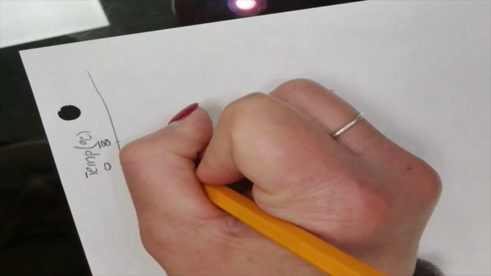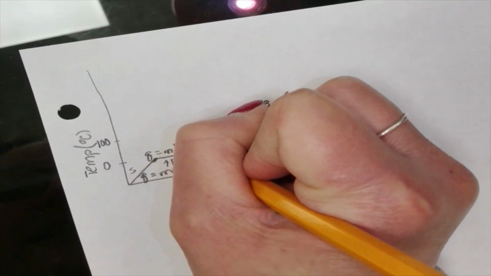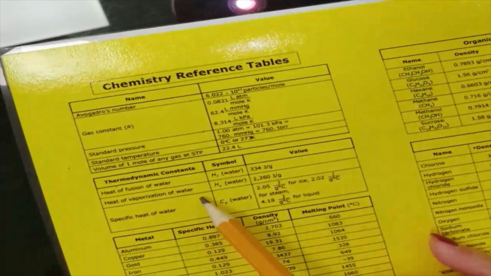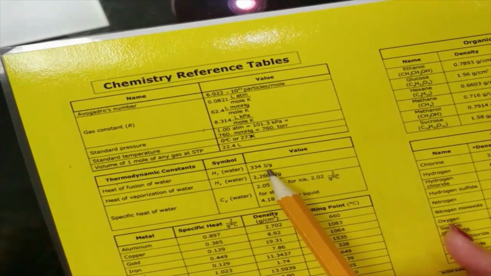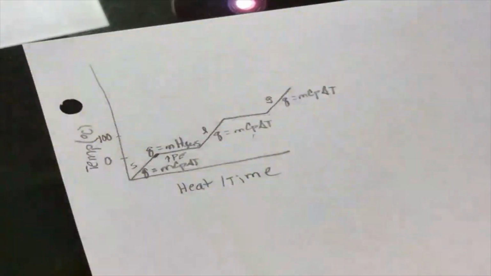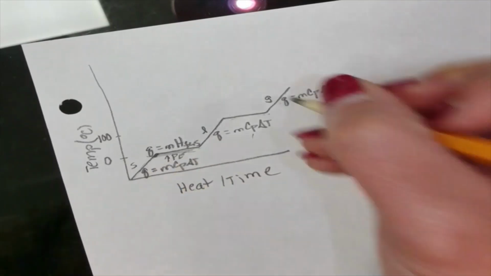My phase change is Q equals m heat of fusion, where m is the mass, and the heat of fusion of water is provided for you on your reference tables, 334 joules per gram. Notice degrees Celsius is missing because temperature is not changing at that phase change.